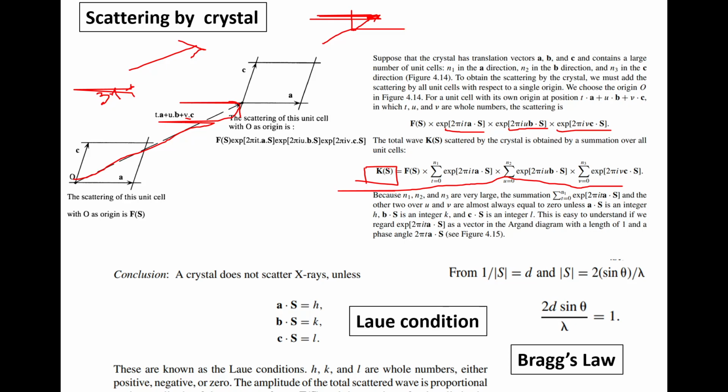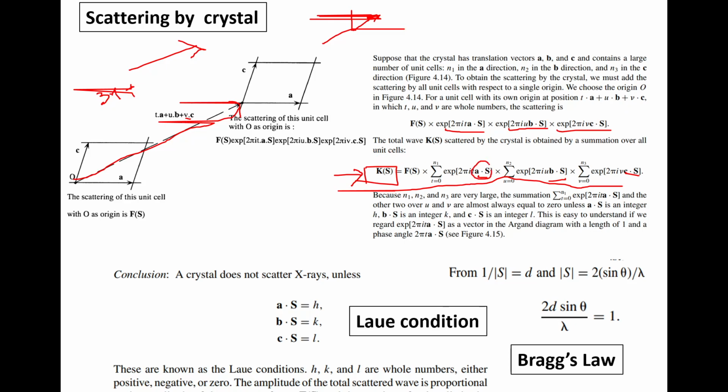You don't want this Ks to be 0, because if the overall scattering is 0, then you will not get any point. To avoid Ks being 0 and get some value, it was found that a·s, b·s and c·s must be integers. If a·s is an integer, b·s is an integer, c·s is an integer, then this exponential term will not go to that high a value, due to which Ks will not be 0.